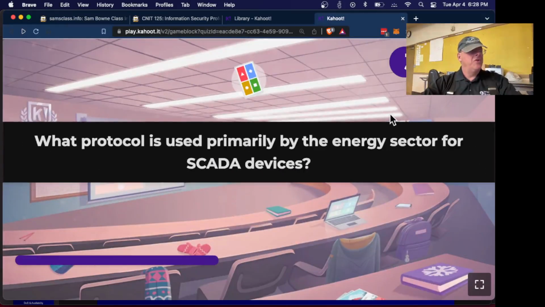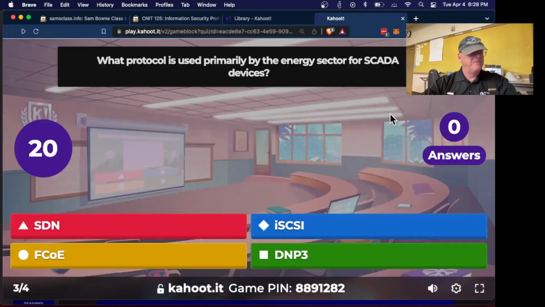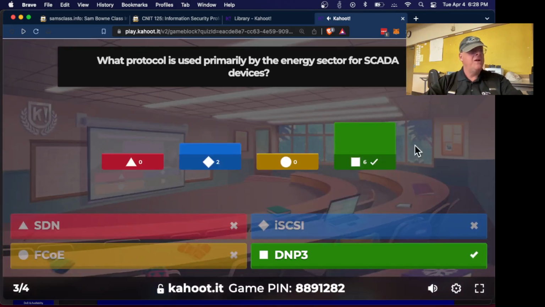All right, what protocol is used by the energy sector? All right, DNP.